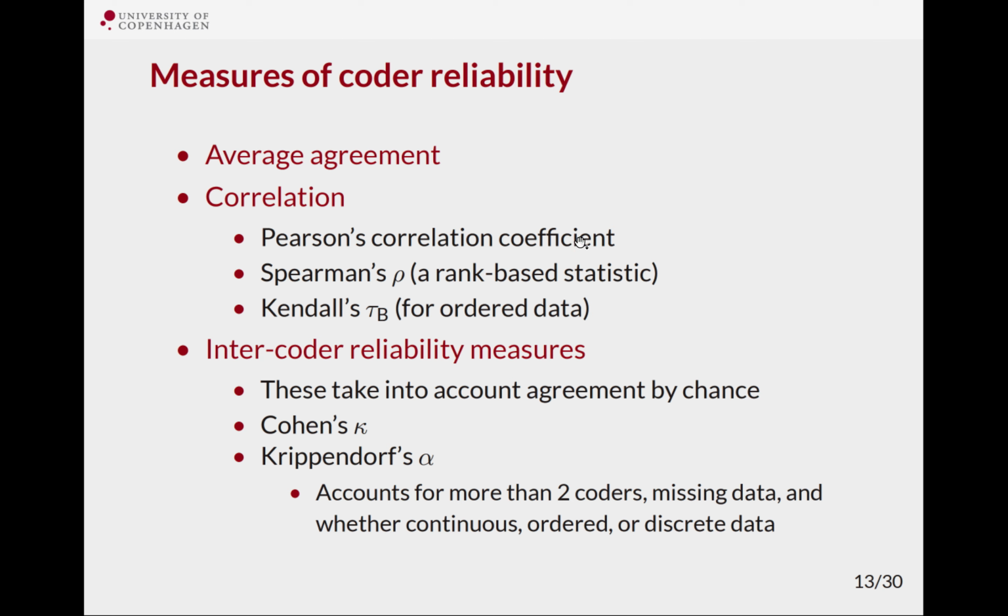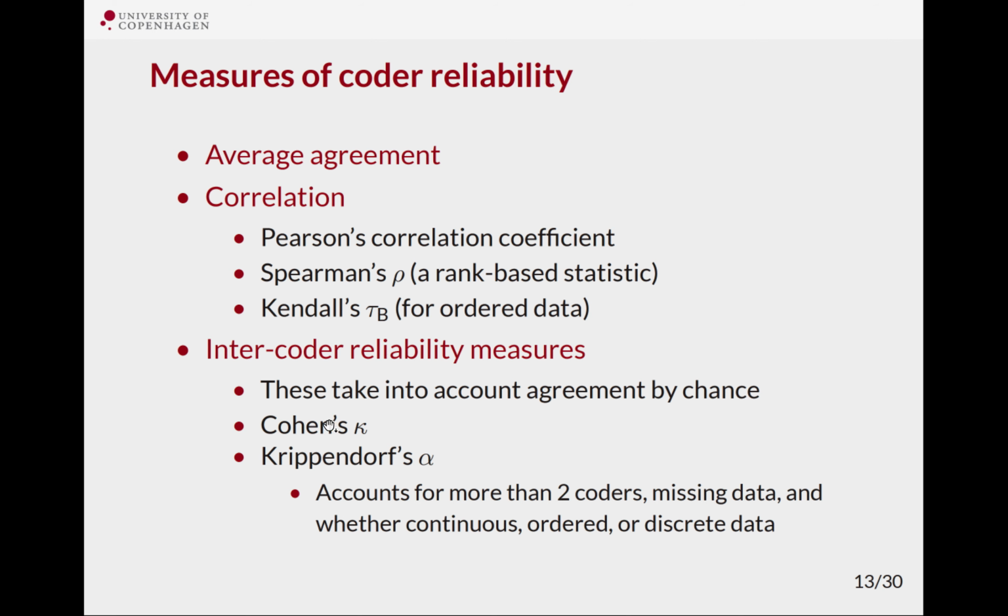The Pearson's correlation coefficient is just the regular correlation that you're all used to. There's a Spearman's rho that you can use, which is a rank-based statistic. It's non-parametric. Anyway, there are a number of different ways of calculating a correlation. If you have ordered data rather than continuous data, you'll use a Kendall's tau b. And then there are intercoder reliability measures, which are specifically useful when there are more than 2 coders per document.